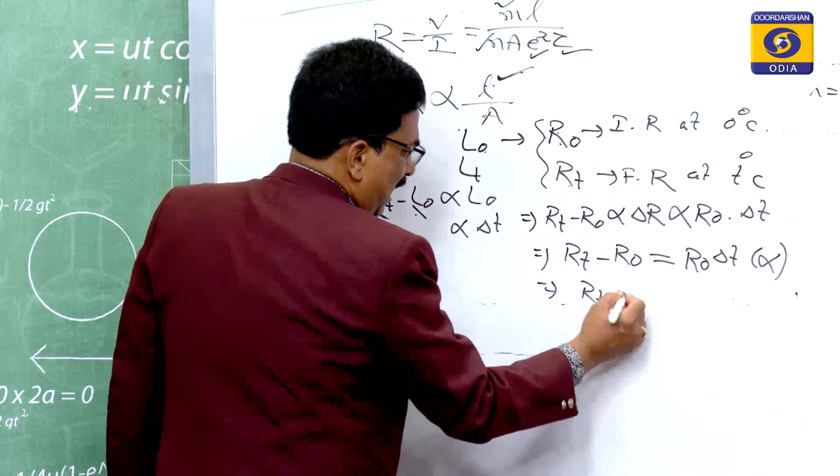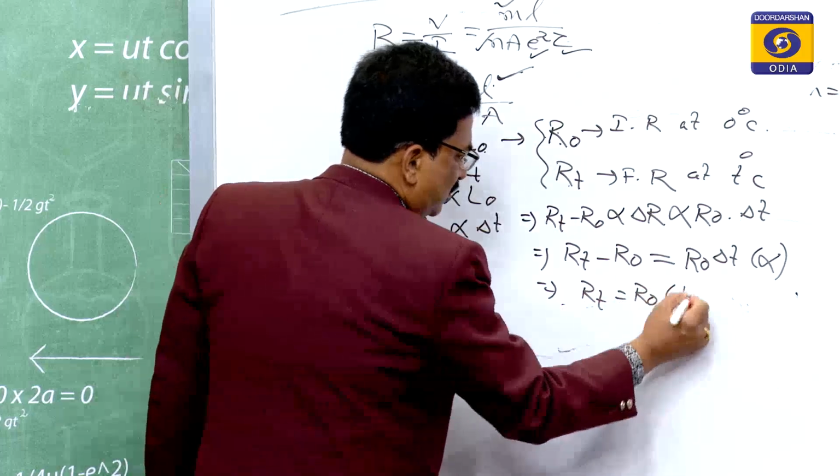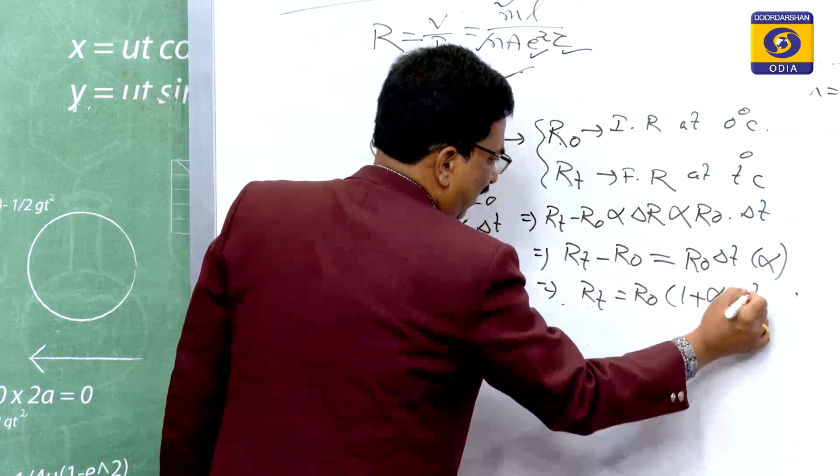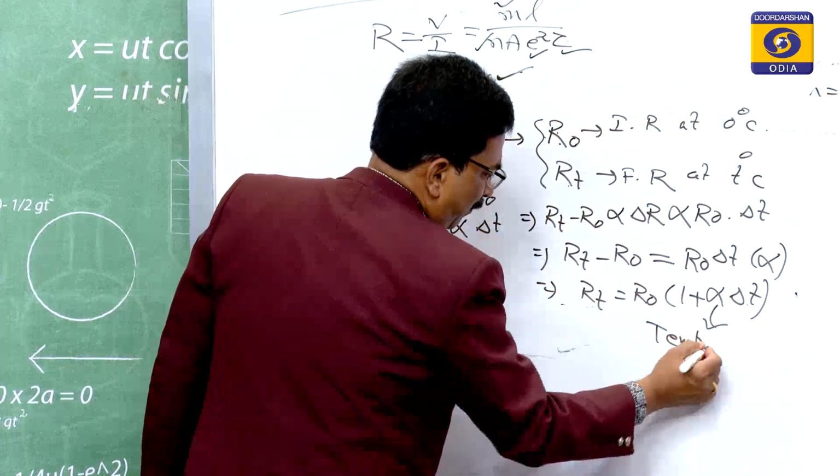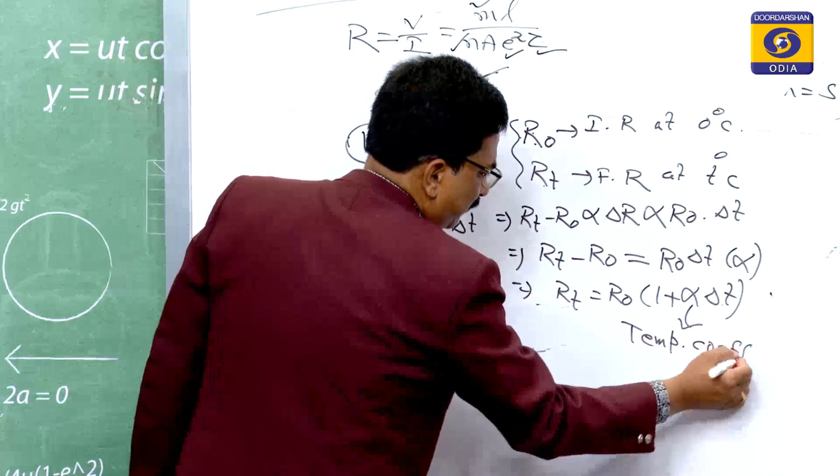This implies RT equals R0 into (1 plus alpha del T), where alpha is known as the temperature coefficient.